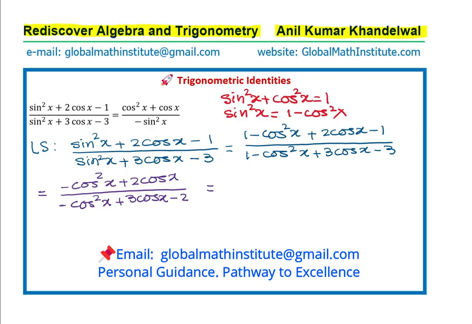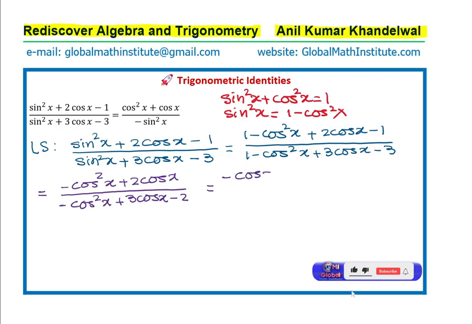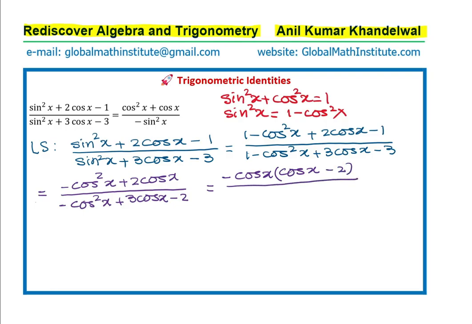Now from the numerator, I can take minus cos x as common, which gives me cos x plus, because we took minus cos x, we get minus 2. In the denominator, we could also factor negative and see we can apply product and sum rule, right? So we need a product of plus 2 and sum of 3, right?